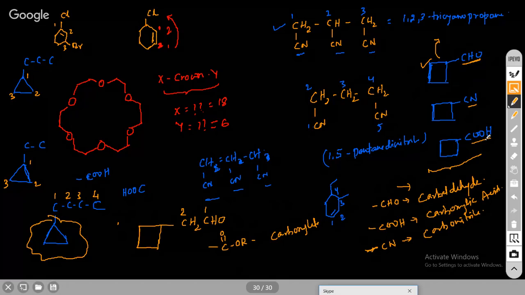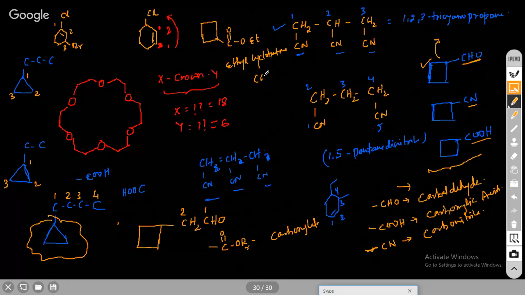Clear? One more example on the same rule. C double bond O, OEt, ethyl ester. In this we'll write first ethyl, then we have cyclobutane, and last what we'll write?